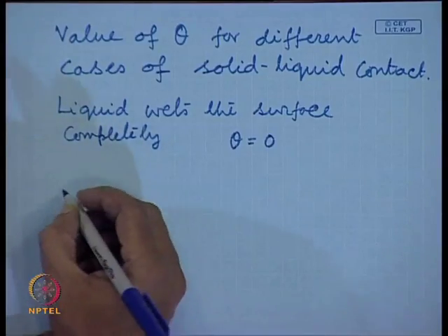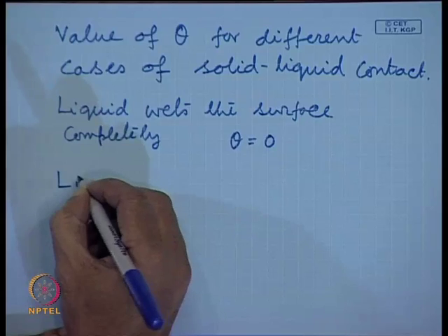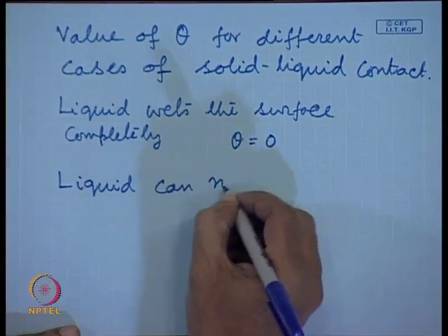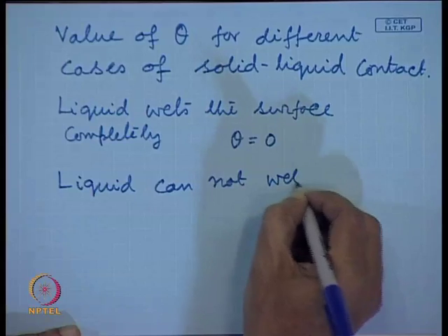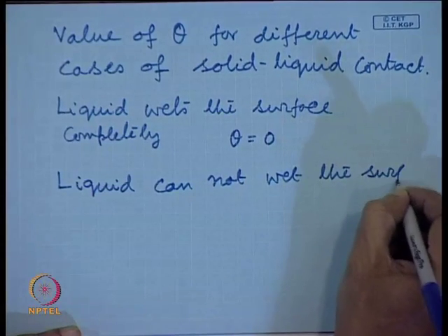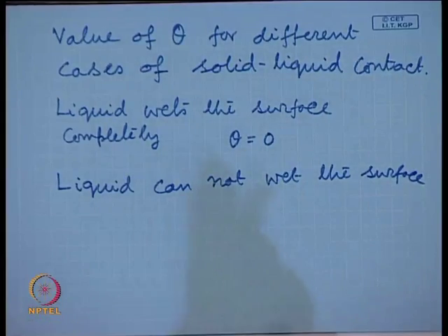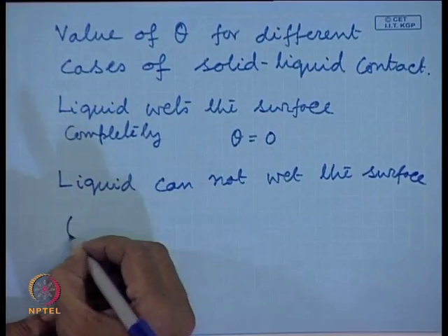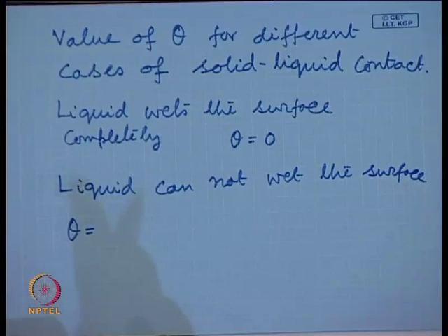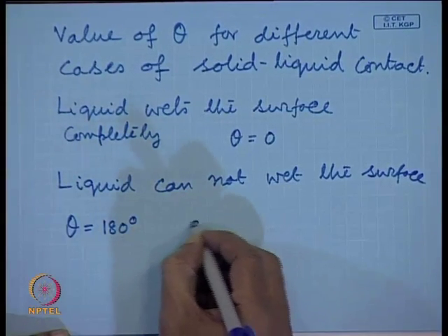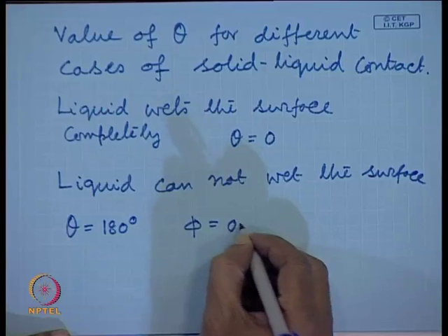Now, let us say the other situation. Liquid cannot wet the surface. So, theta is equal to how much? Theta is equal to 180 degree and phi is equal to 0.